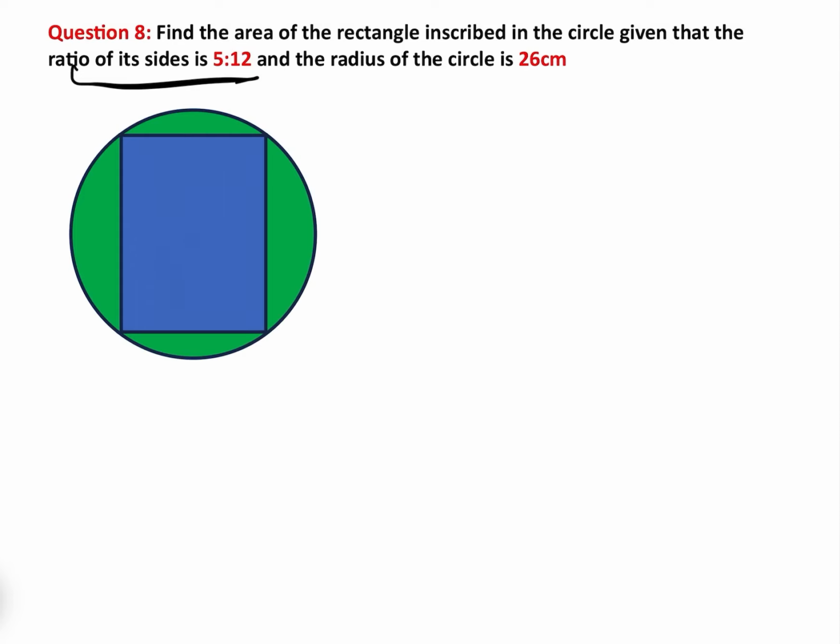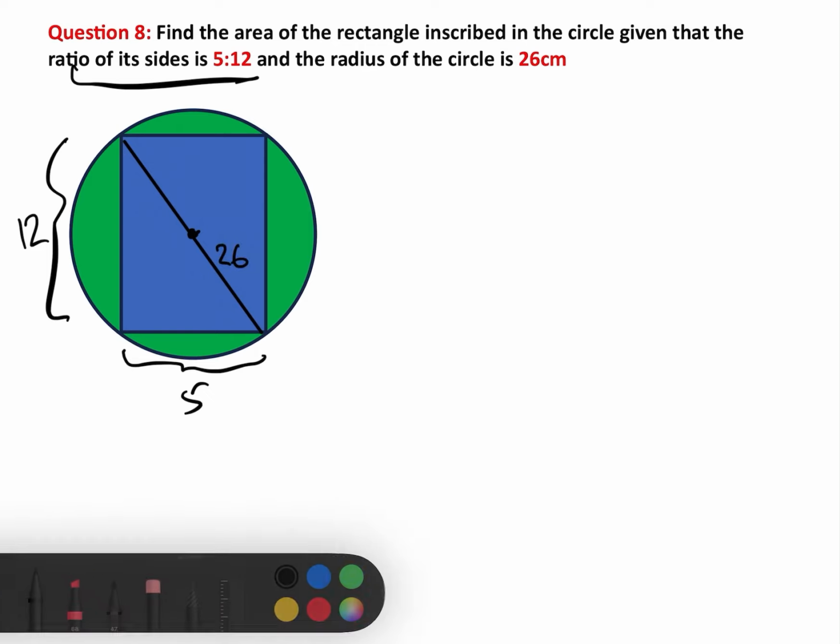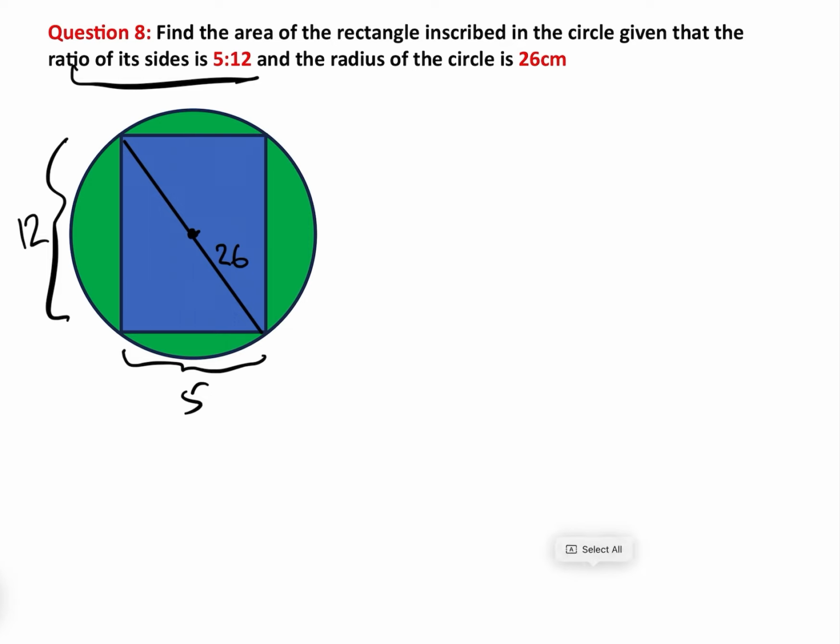Okay, now, so that means that the ratio of the sides of the rectangle here is 5 to 12, and there's the centre of the circle, the radius of the circle is 26, so that means that that bit is 26. Now if we look, let's just do a different colour.